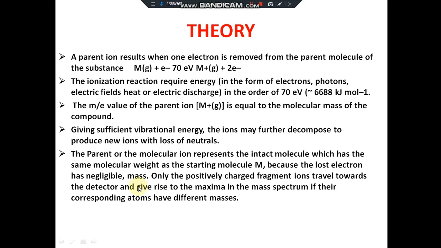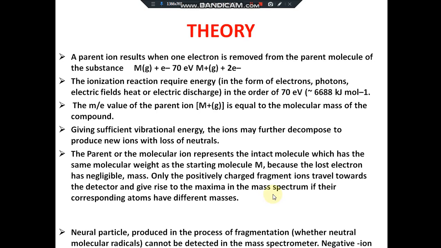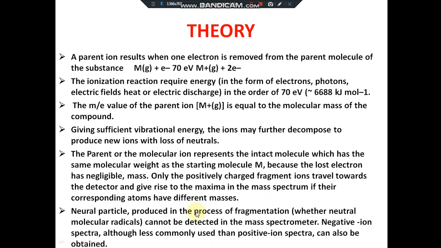Only the positively charged fragment ions travel towards the detector and give rise to the peaks in the mass spectrum. Neutral particles are not detected in the mass spectrometer. Negative ions are sometimes detected.